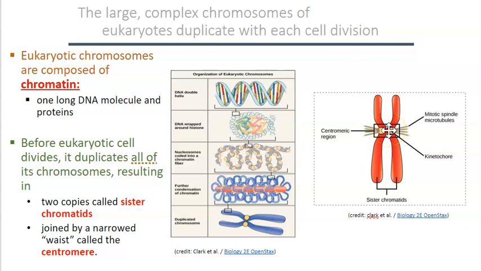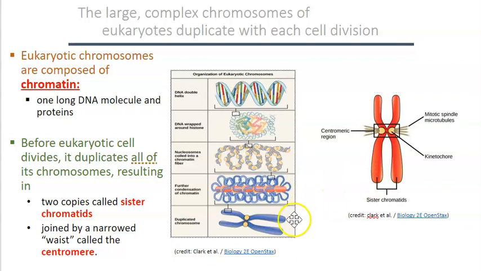So although we actually have two chromatids, we refer to this as one chromosome because it's physically being held together by little proteins here at the centromere region.